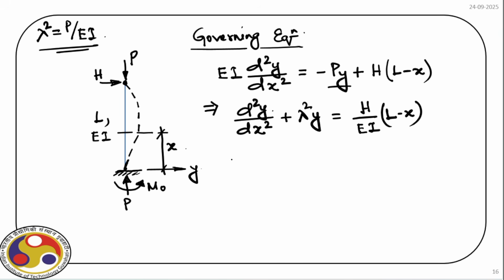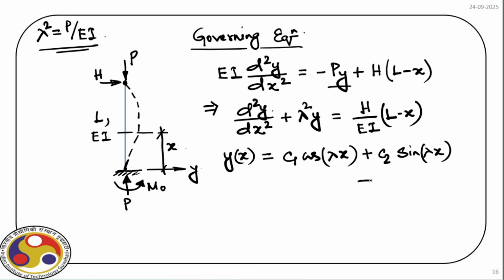Again, in this case, we have y of x, that is the solution of the deformed shape, is C1 cos of lambda x plus C2 sine of lambda x plus we will have the particular integral which is H by P times (L minus x).